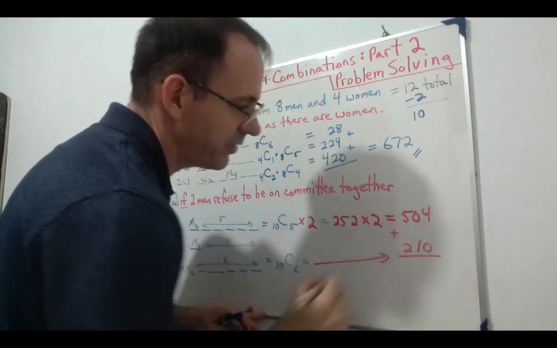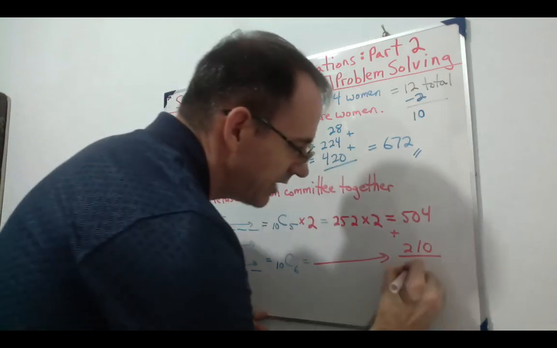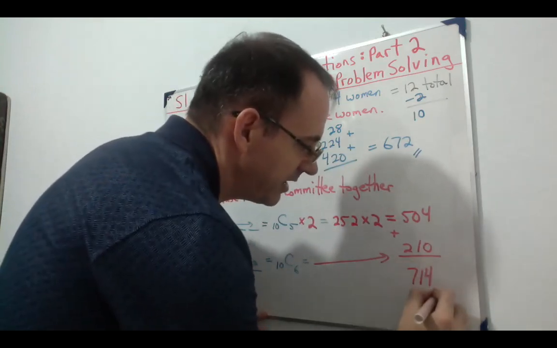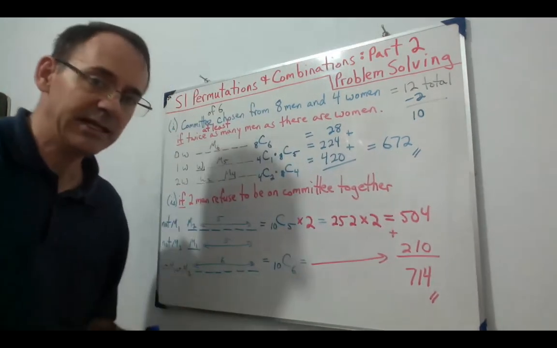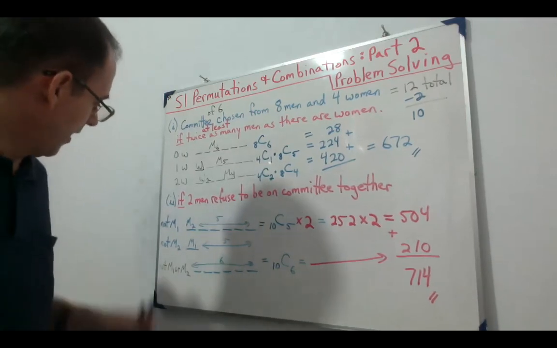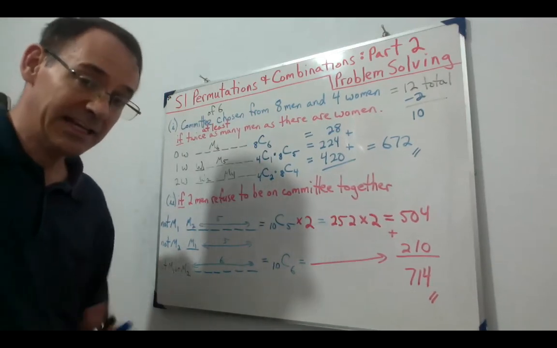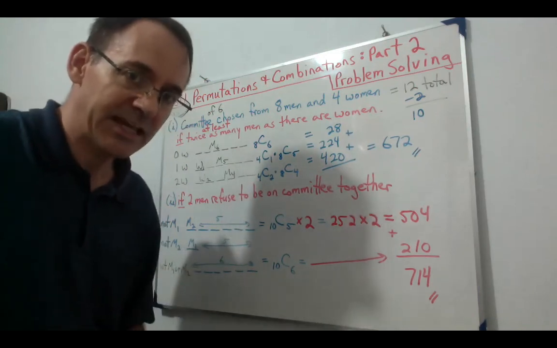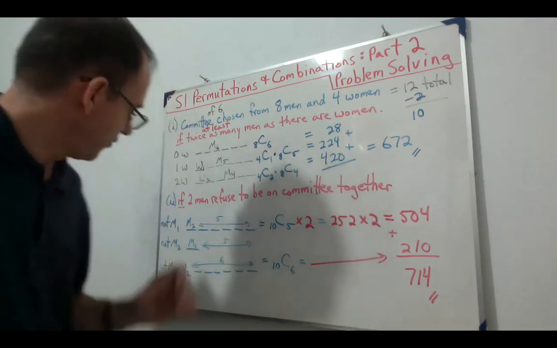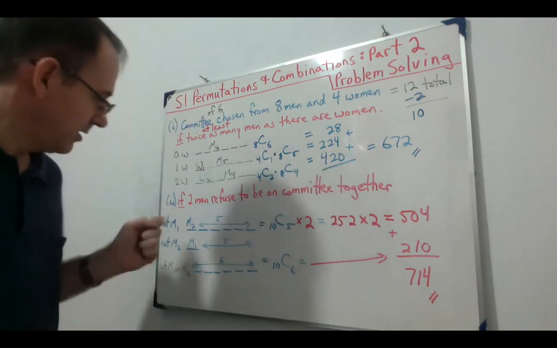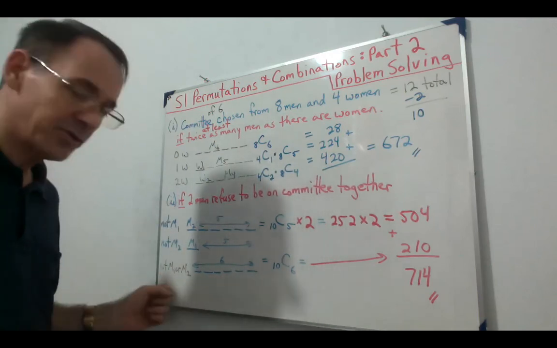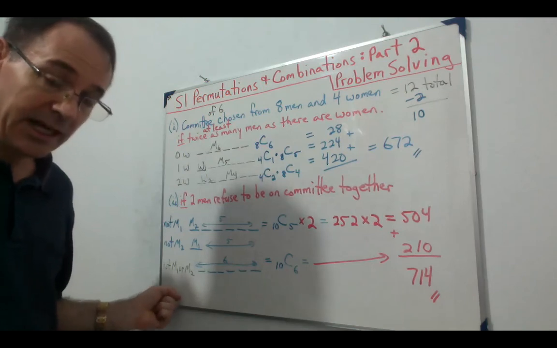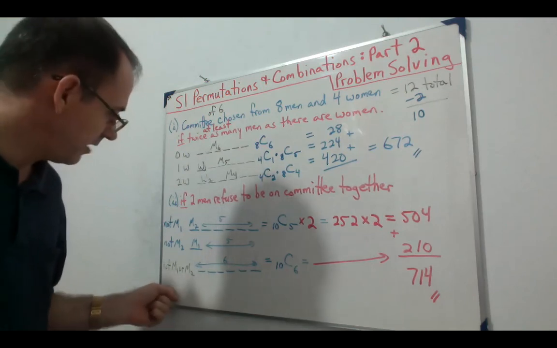So we add those up, and that gives us 714 possible committee combinations where both M1 and M2, the 2 men that don't get along, won't be on the same committee at the same time. So it's okay for one of them to be on. It's okay for the other one to be on. It's also okay for neither of them to be on. They just can't be on the committee together.